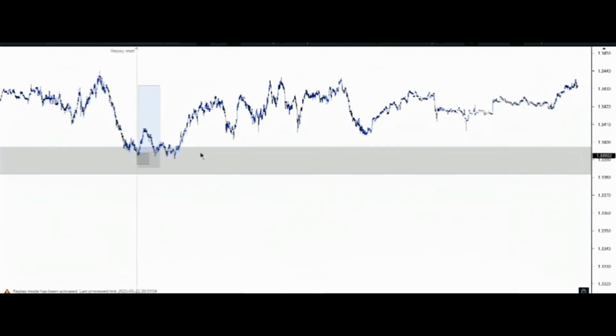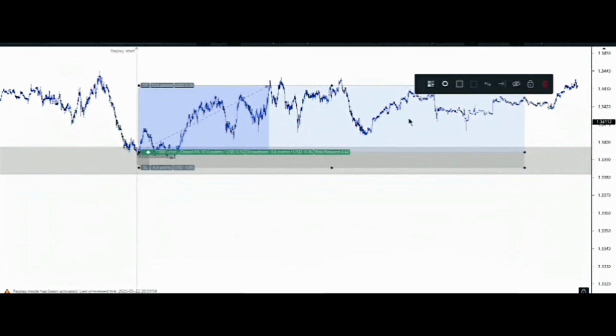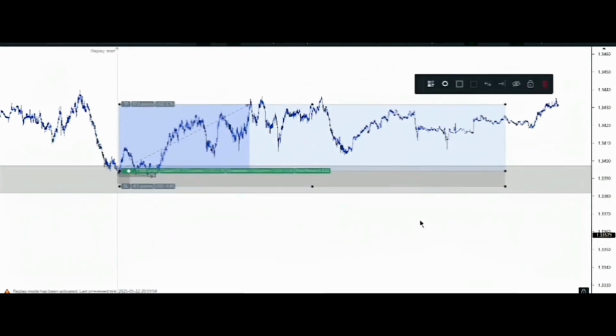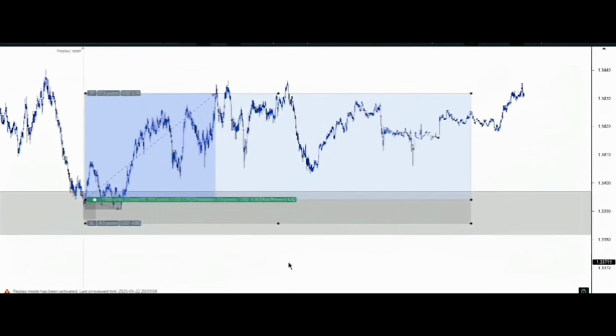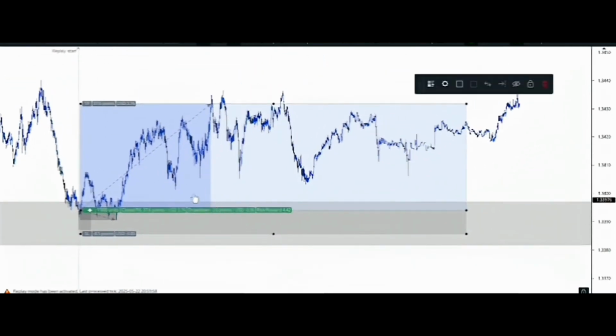It's like our TP has been smashed already. Can you see that? That's 5RR smashed easily. Can you see it? So this is the way for you to actually take your trades in the market. Now let me do one more example and then we call it a day.